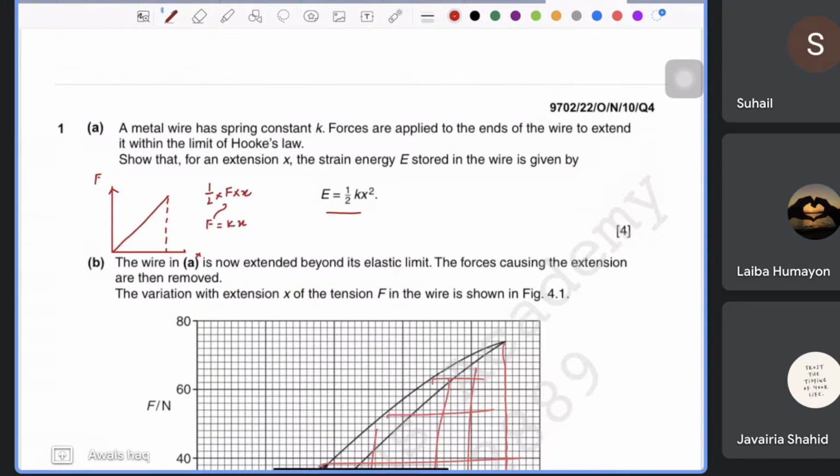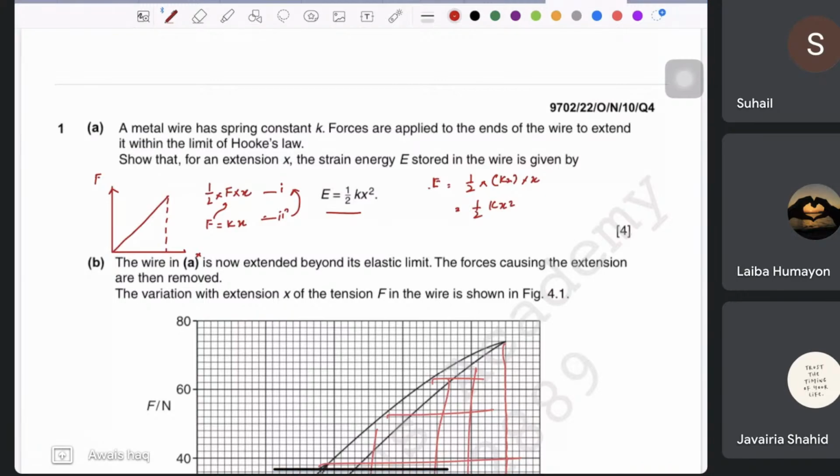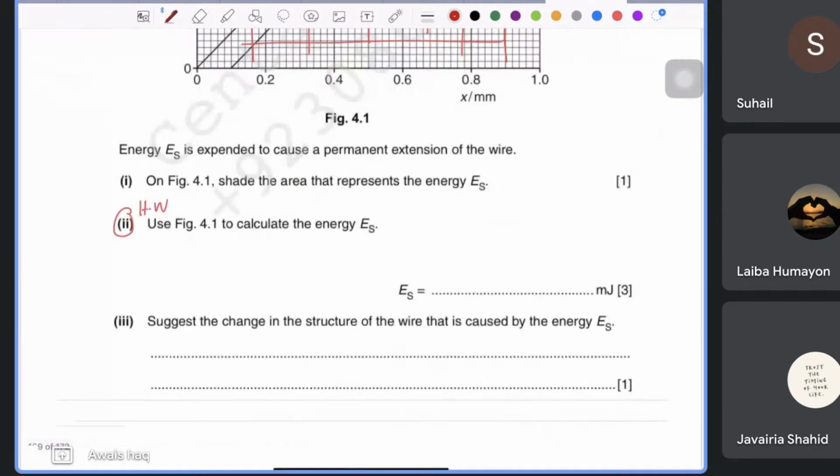You put it back into this, and that will be E equals half times kx times x, which is half kx squared. So 4 marks for doing nothing really. So that would be your answer.